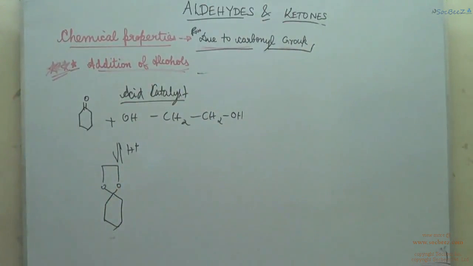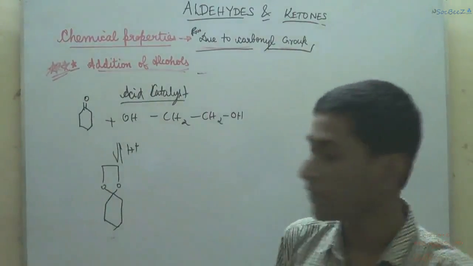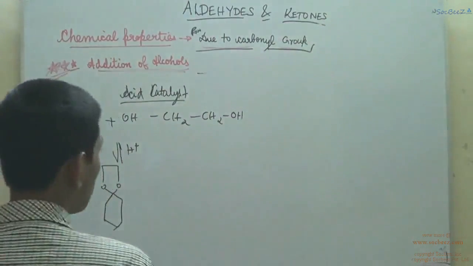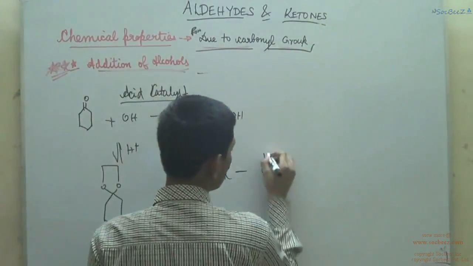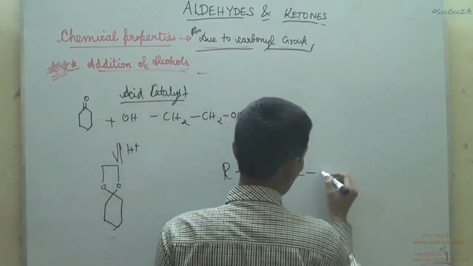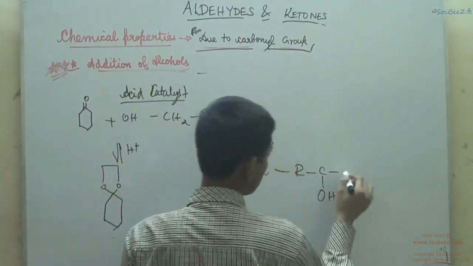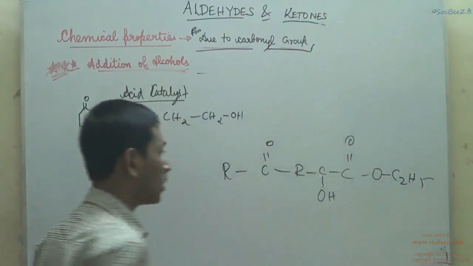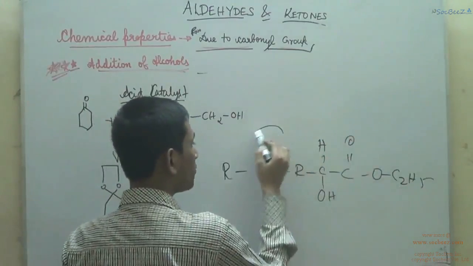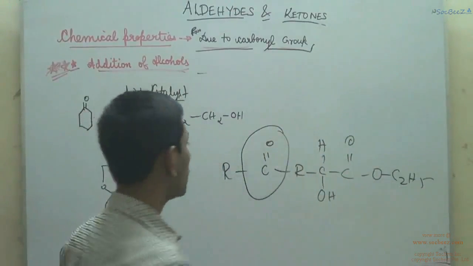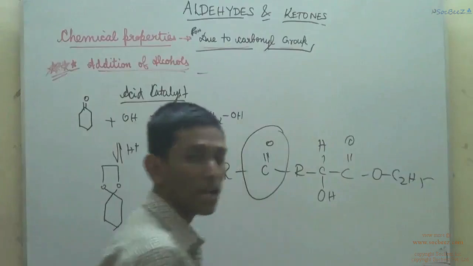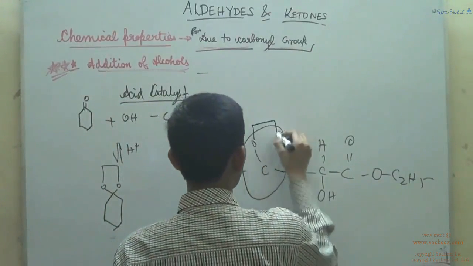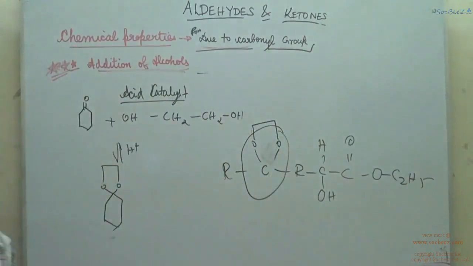Okay. Now acetals and ketals are generally used as protective groups for protecting the carbonyl compound. So let's say it's a carbonyl compound R, and then again you have an ester group or alcohol group, whatever. If you want to protect this part from reacting, what you do, you make it react with an alcohol, and then in acidic medium you form acetal or ketal.